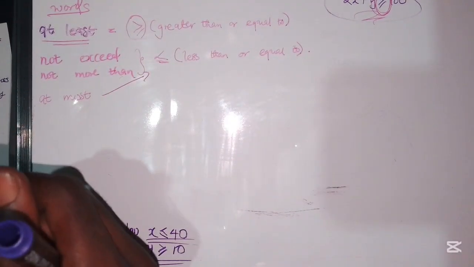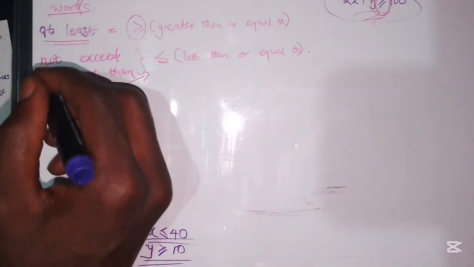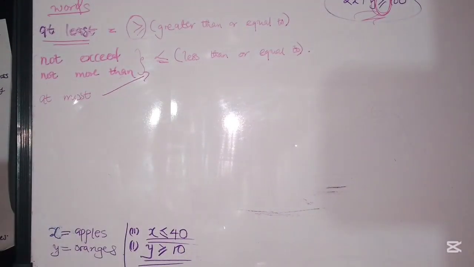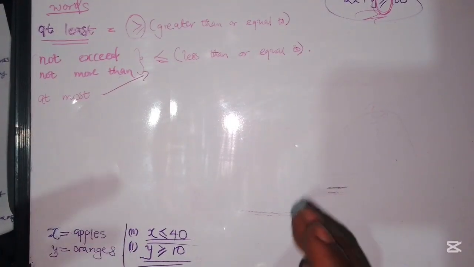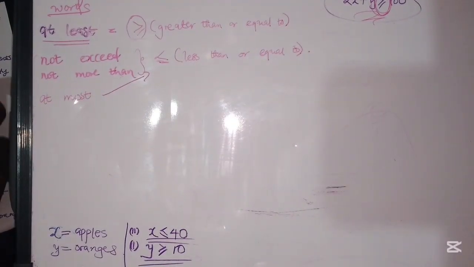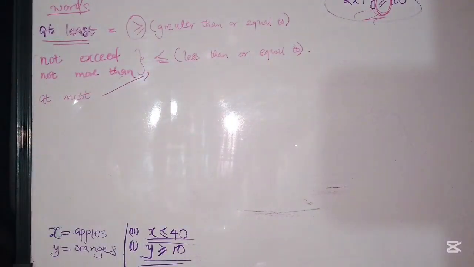Then we had 3 words which meant the same thing: should not exceed, should not be more than, and at most. These 3 words mean less than or equal to. Once you understand these words, no question on linear programming will be hard for you.